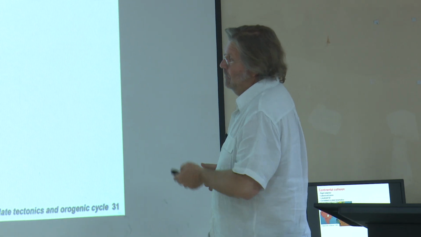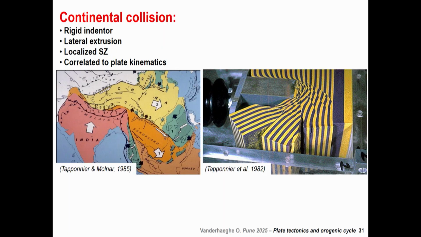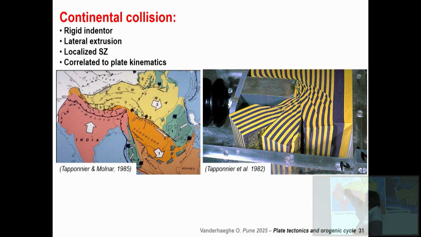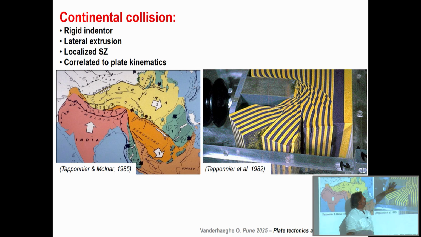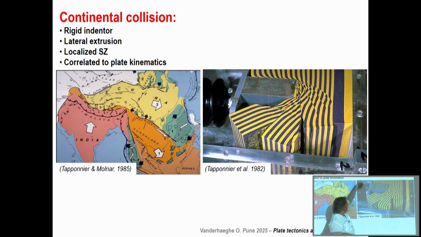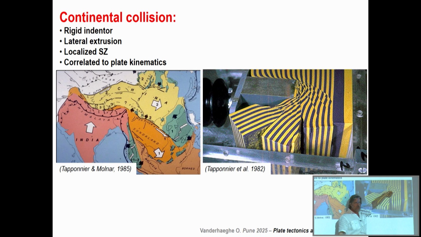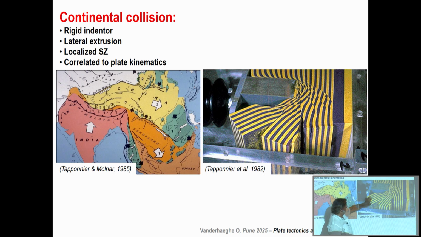And at the time, they made a clear correlation between plate convergence and crustal deformation, saying that the consequence of India punching into Eurasia is extrusion of blocks. It was reproduced here with a metal indenter being pushed into silly putty, with shear zones localizing the extrusion of blocks towards the east, towards the free boundary, which is now the Pacific.